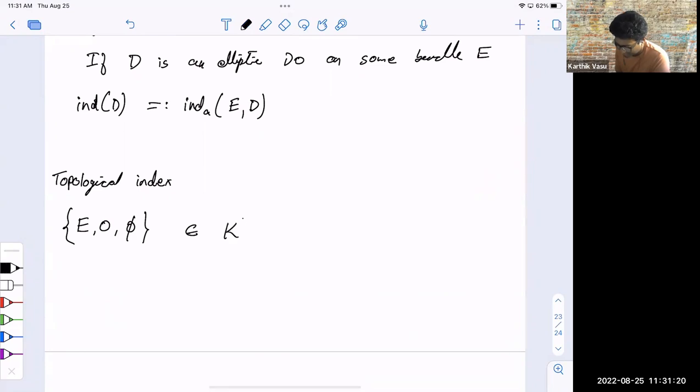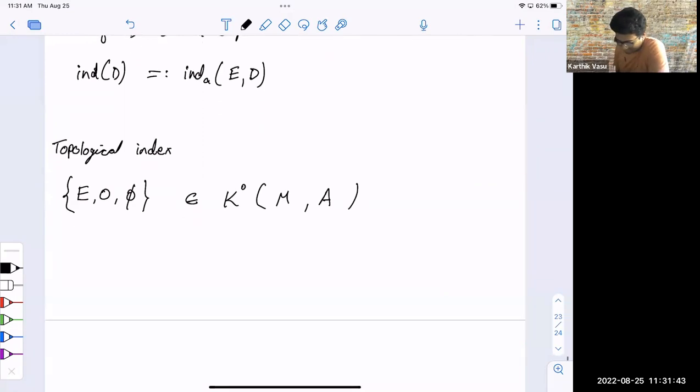So this will be an element of my K theory. What K theory? I have to say M and some subset A, right? So I want to take elements of this K theory group, but this M and A will be something very particular here.